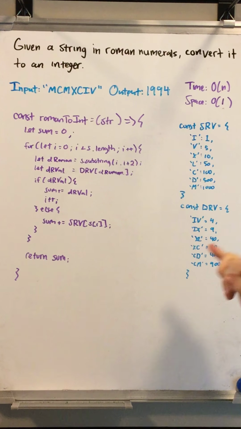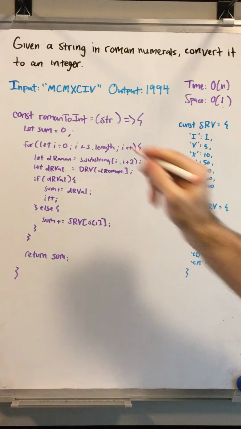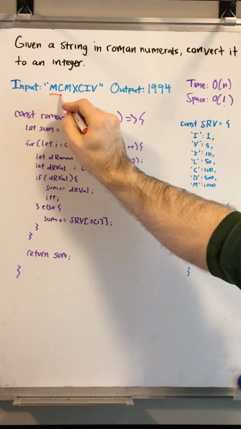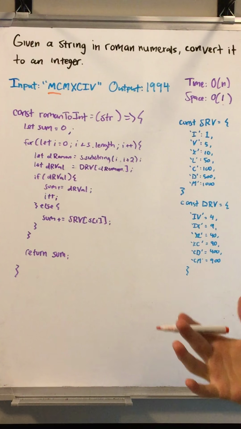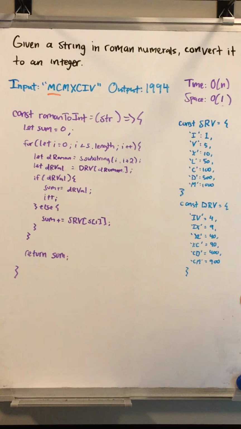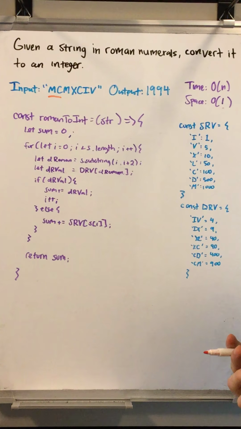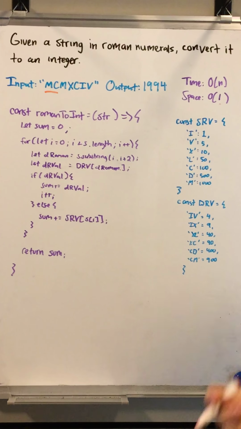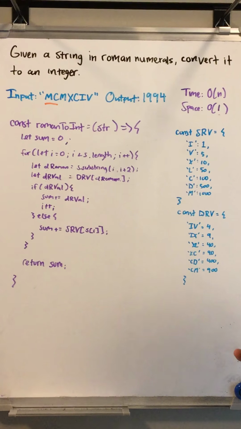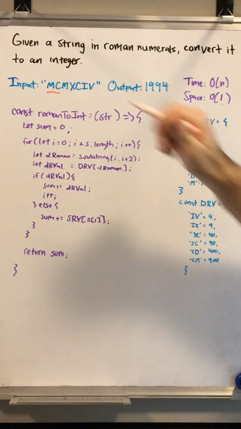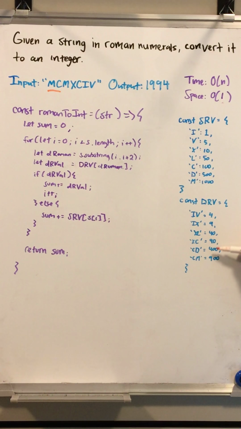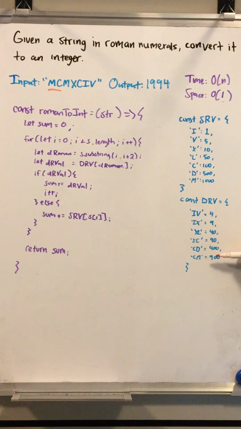So what we first want to do is check for the doubles first, because if we check for the singles, we may repeat ourselves when we find doubles. So we check doubles first. Does MC exist in our doubles hash? It doesn't.